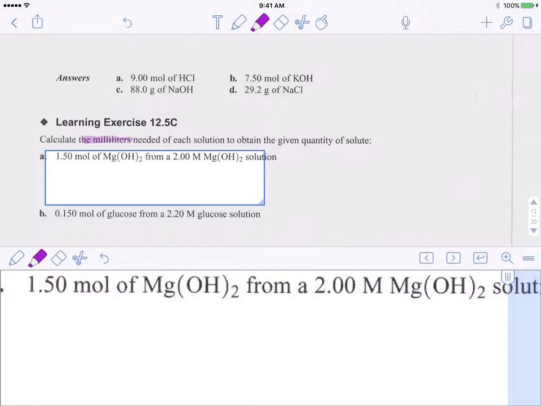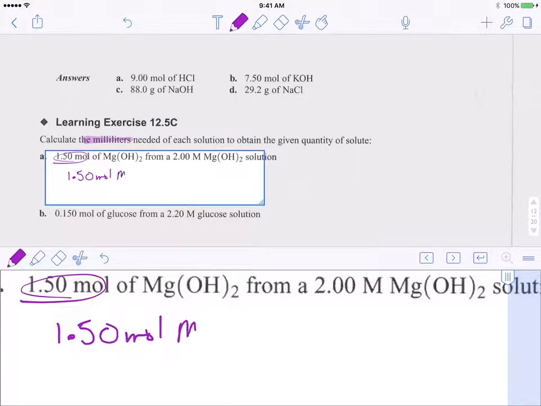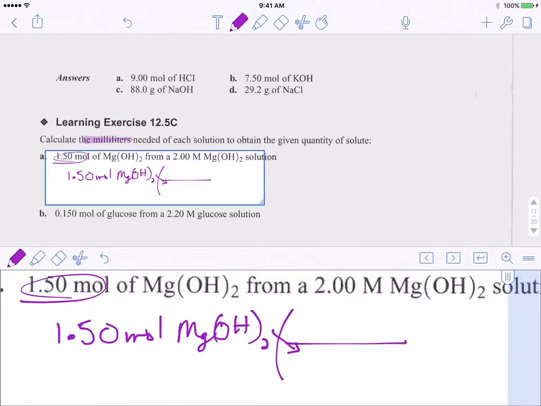I'm going to start straight up with 1.5 moles of Mg(OH)2. Okay. Now, what unit goes down here? Moles, right, of Mg(OH)2.